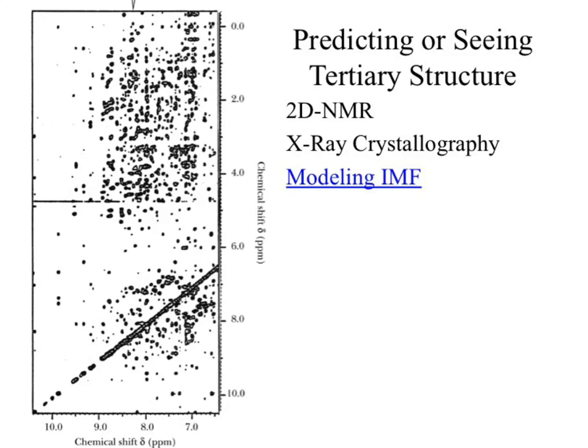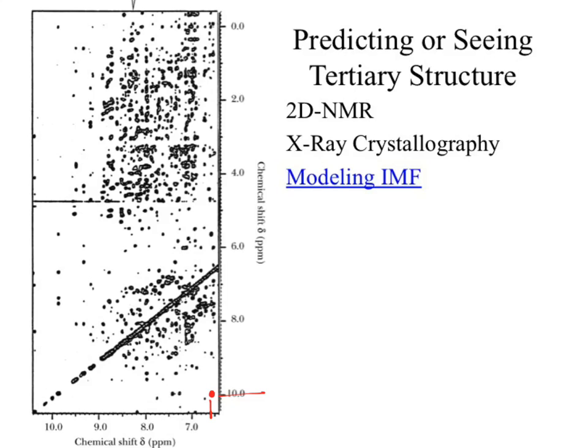If we take a look at the other axis, we can start to see how those interact with these. So we're looking at a 2-dimensional NMR, or you can even shift it up to a 3-dimensional NMR. What you analyzed in OChem was a 1-dimensional NMR. Where we see these dark points, let's pick one, say here, the hydrogen found at 10 ppm is interacting with a hydrogen found at roughly 6.5 ppm.